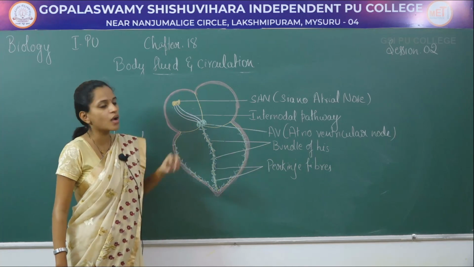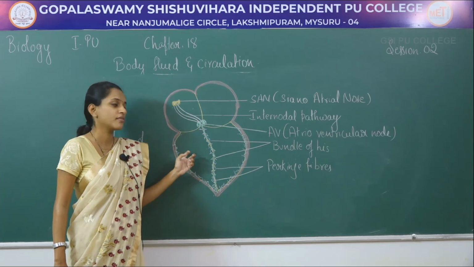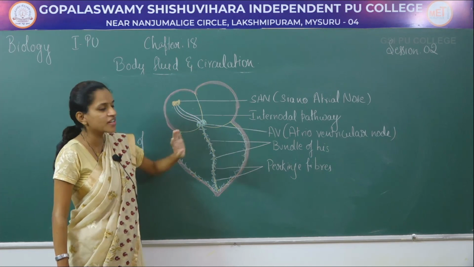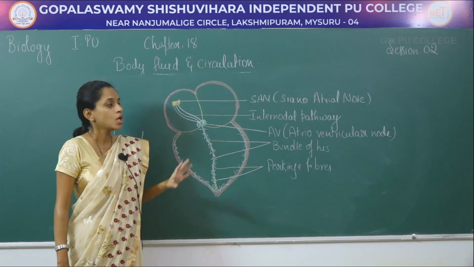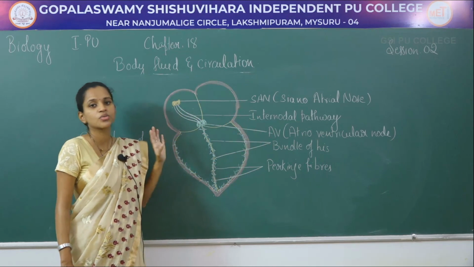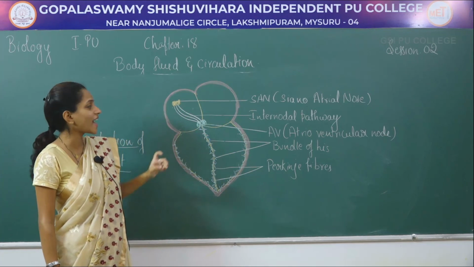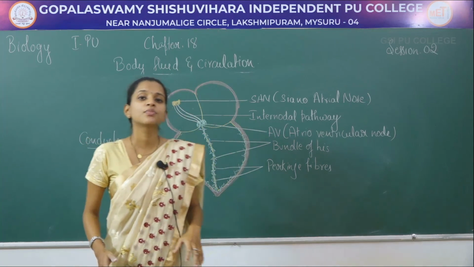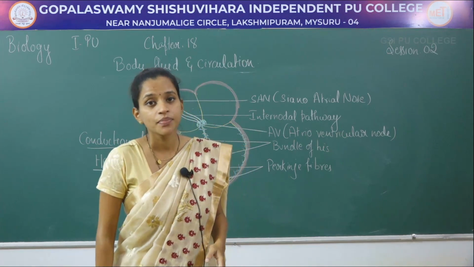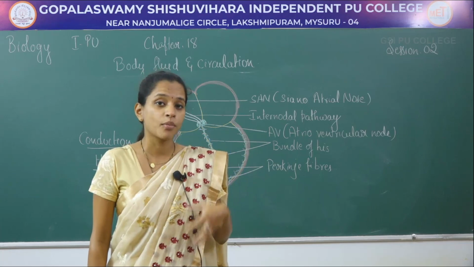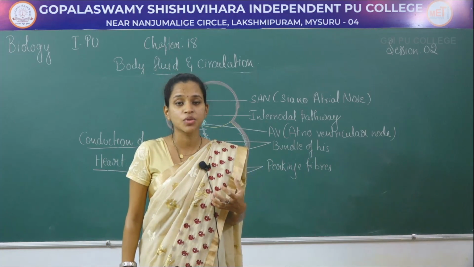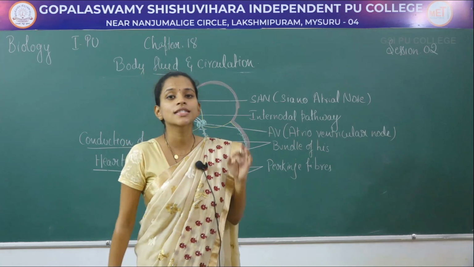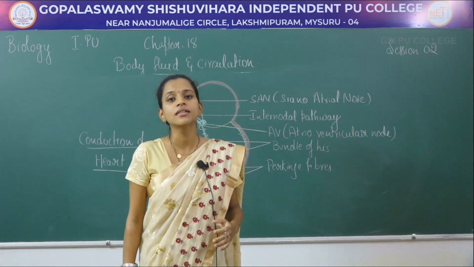The ventricles pass blood from the right ventricle into the pulmonary artery, and from the left ventricle into the aorta. This is how the whole conduction process takes place, initiated by the sinoatrial node, as it produces 70 to 75 electrical signals, or high action potential. It is termed the pacemaker. This is the region which conducts the heart.